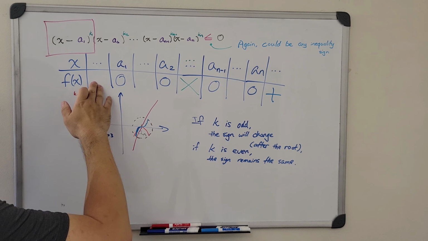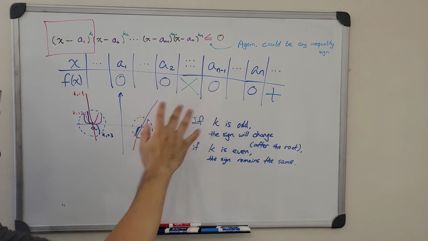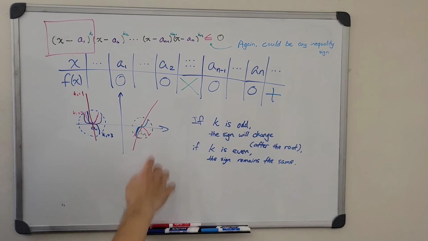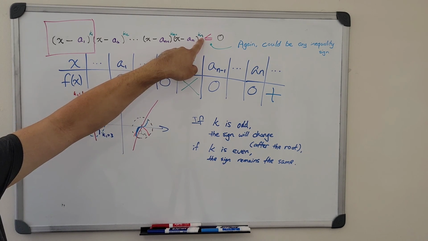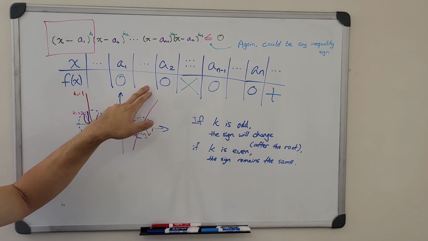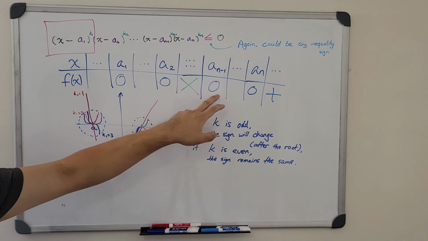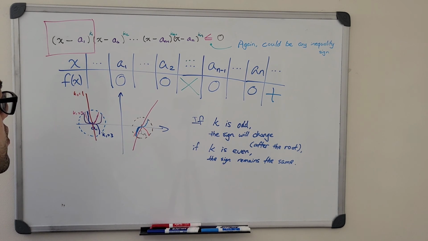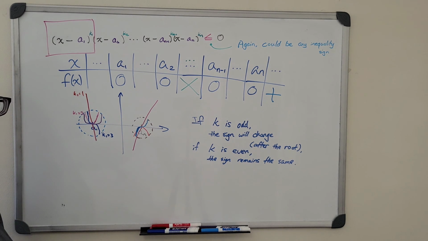Even though we cannot immediately tell whether we should put positive or negative anywhere except the last one, after we make the table, we can use this idea to check the exponents so that we will be able to generalize it and get the sign for the regions in between quickly, without actually solving the equation or the inequality. Good.